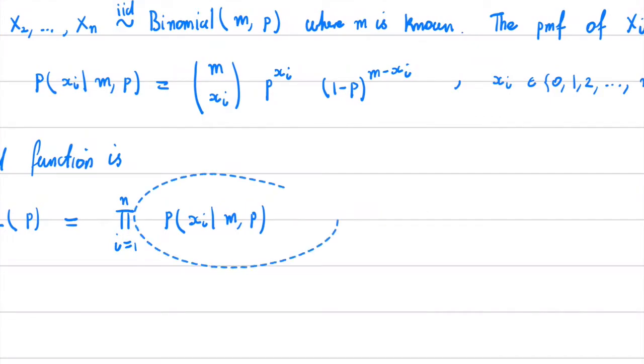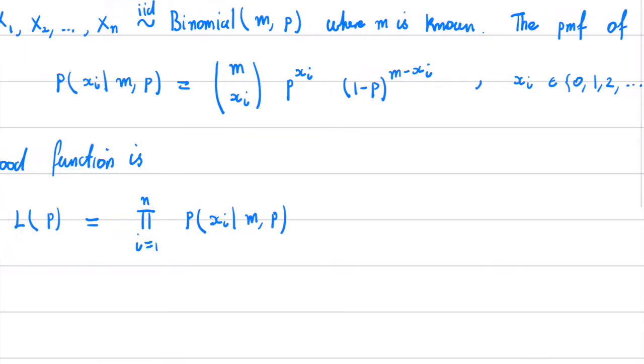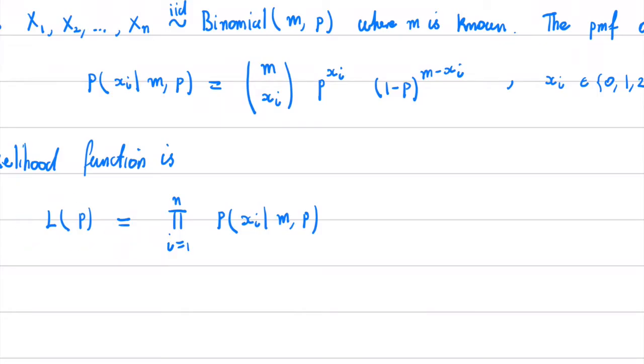That is the product of all the respective marginal PMFs of the xi's, which gives us the joint PMF of x1, x2 up to xn. But that is also equivalent to the likelihood function.